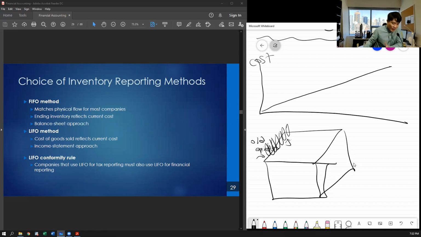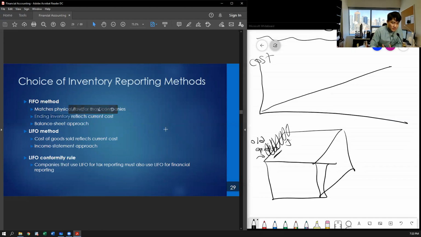So they always put the new items in the back and the oldest items in the front, so that customers pick out these older items instead of the new items. Basically, this is it. So the company adopting FIFO is matching this physical flow, and what also means is that the ending inventory reflects the current cost.